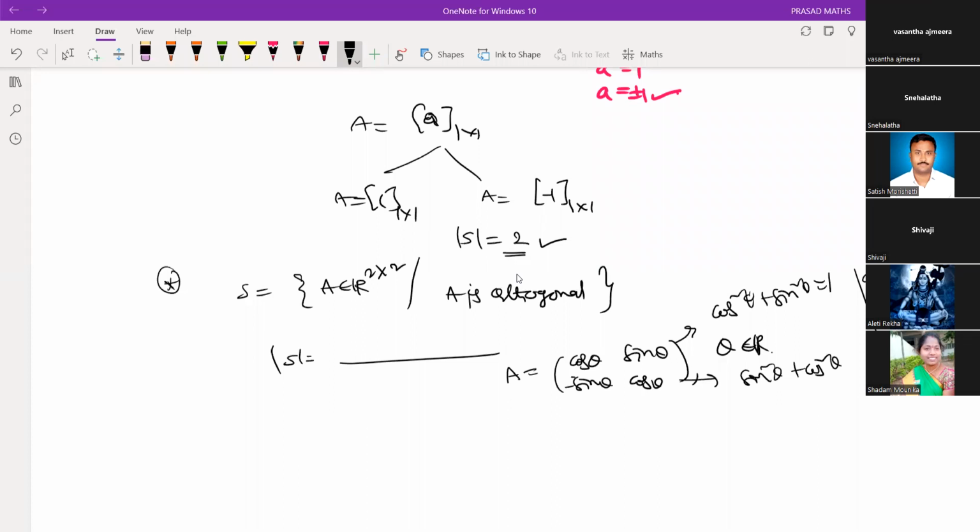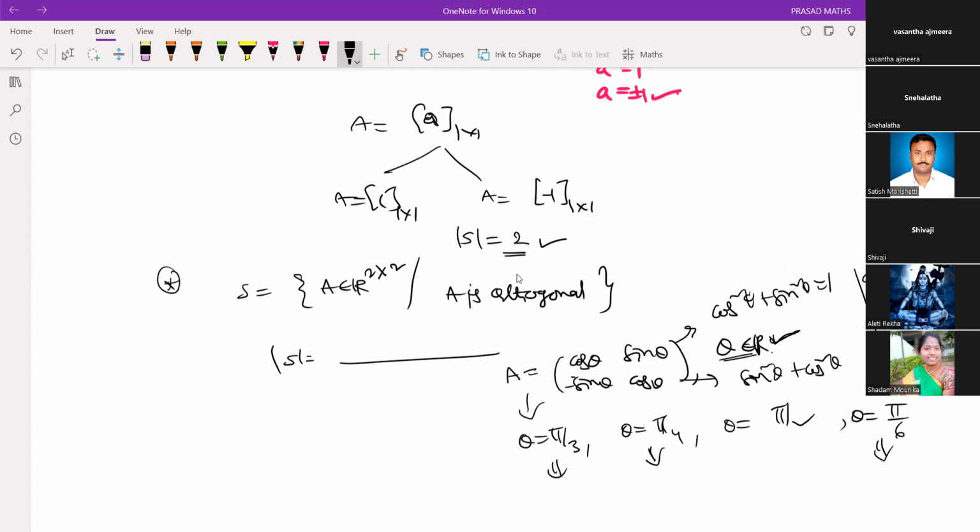There are uncountably many, because once you give me theta, I can get A. Once you take theta equals pi by 3, you get an orthogonal matrix. Once theta equals pi by 2, you get another orthogonal matrix. Take theta equals pi by 6, you get another orthogonal matrix.